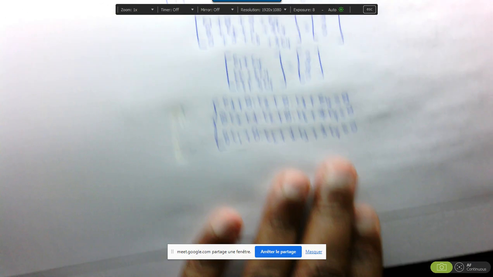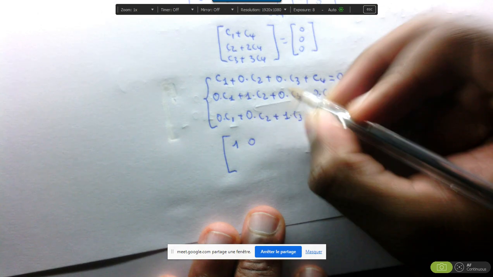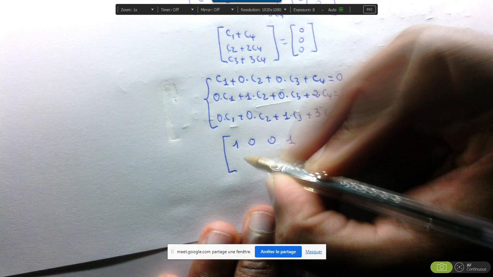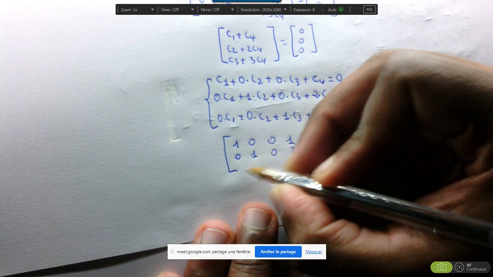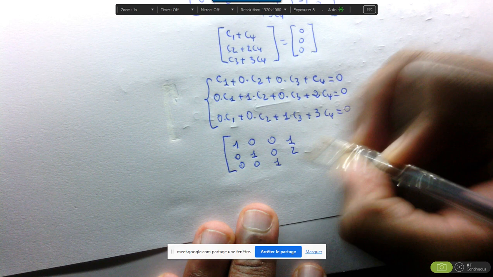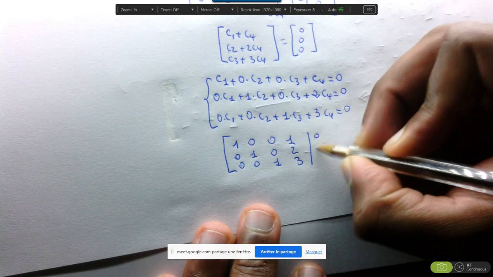I can put that into a system: 1 0 0 1, 0 1 0 2, 0 0 1 3. I augment it with these zeros and I solve.